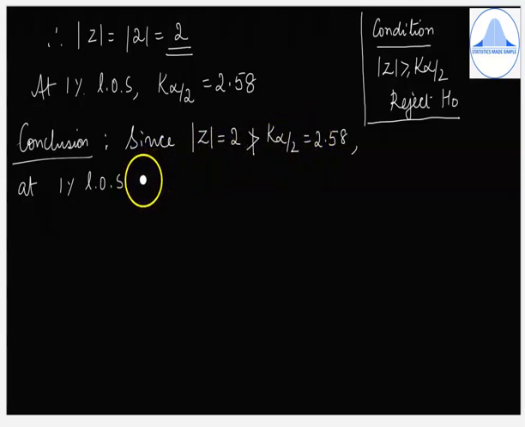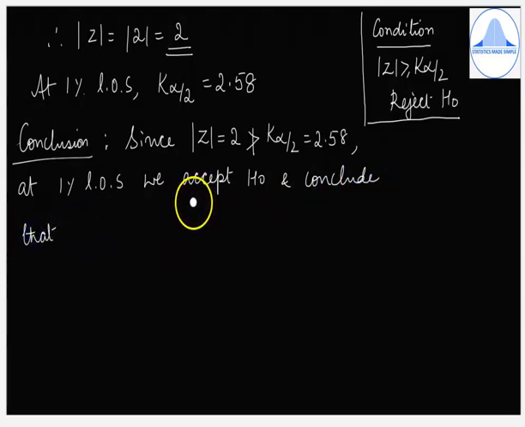So at 1% level of significance, we accept H naught and conclude that whatever is there in the H naught statement, you have to write that, that is capital P is equal to 0.5.